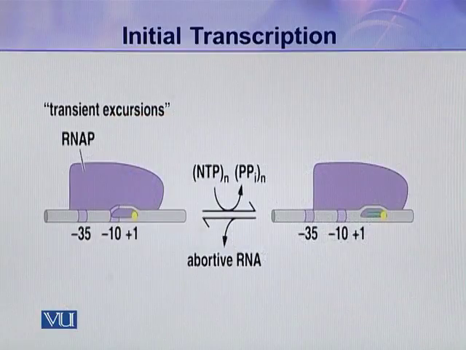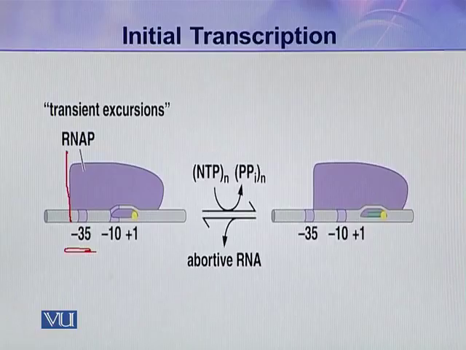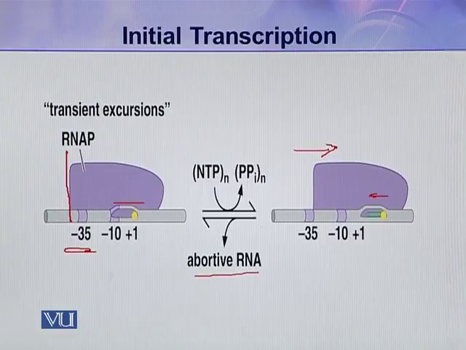Here you can see the minus 35 element, and polymerase lies here. It starts synthesis here, and after synthesis it has moved forward, but after synthesis and release of this abortive transcript, it comes back to its original site, which is minus 35.